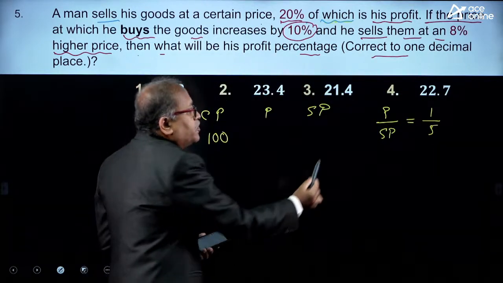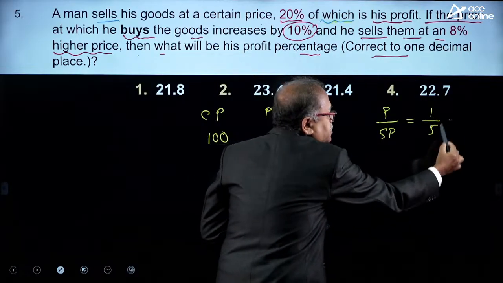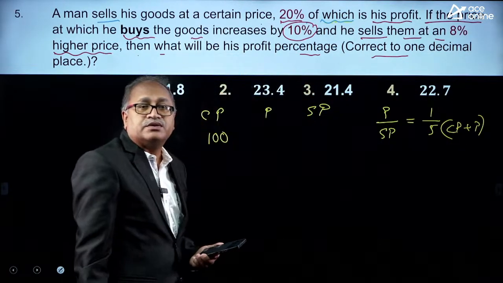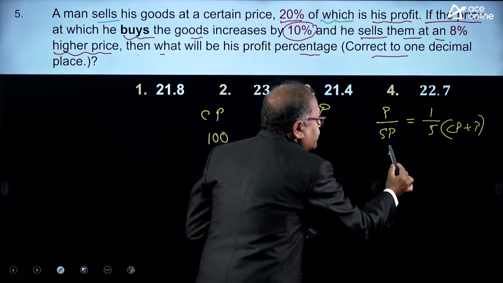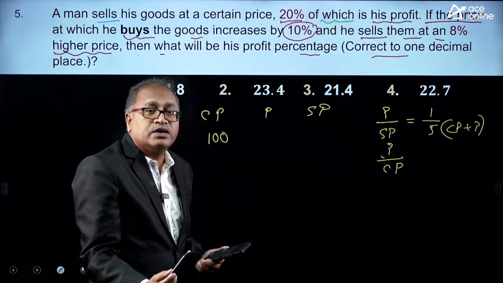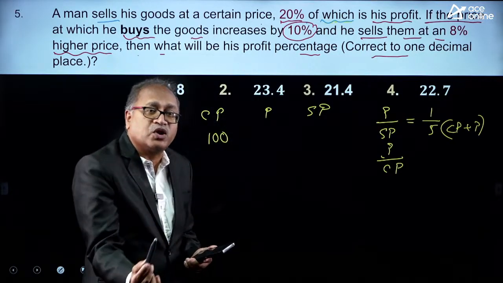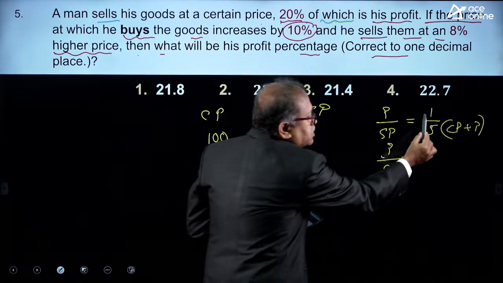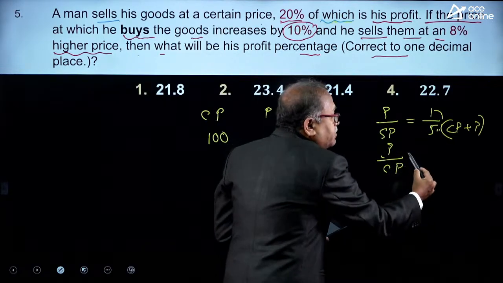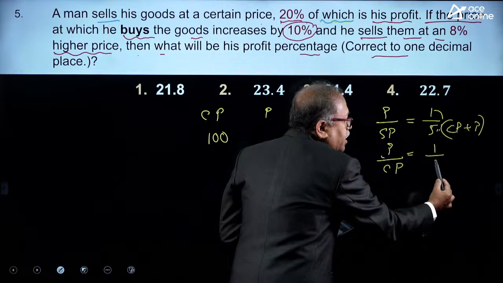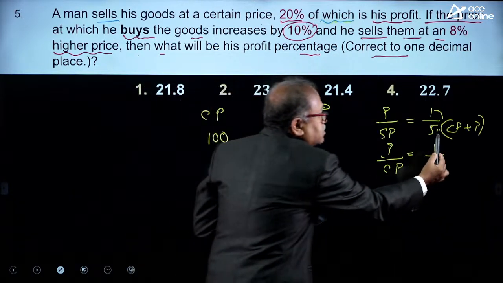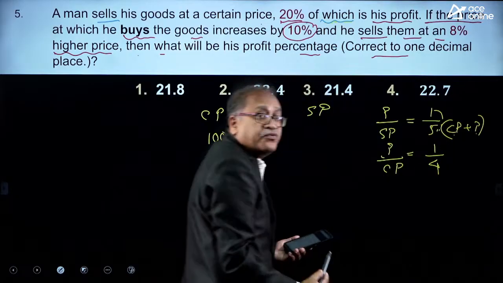That means when your profit is 1, your selling price, which is nothing but cost price plus profit, is 5 parts. So, what will be the actual profit? Profit over cost price. Before you move forward, you need to convert this profit on selling price to profit on cost price. How much is the profit here, on 5? So, what will be the cost price? 1 by 4 will be the cost price, because this selling price is cost price plus profit.